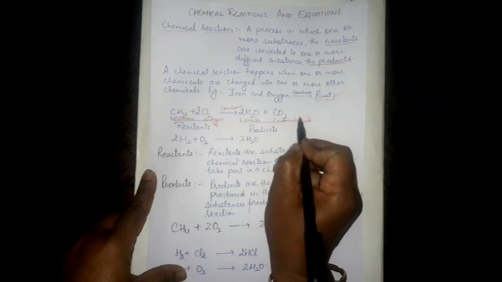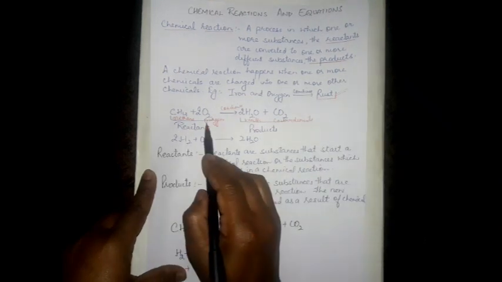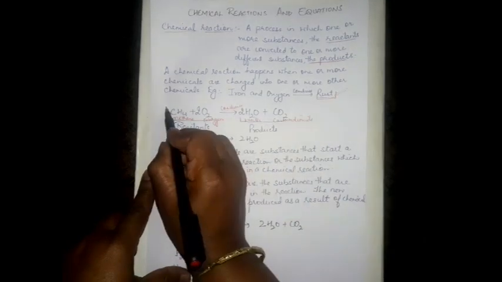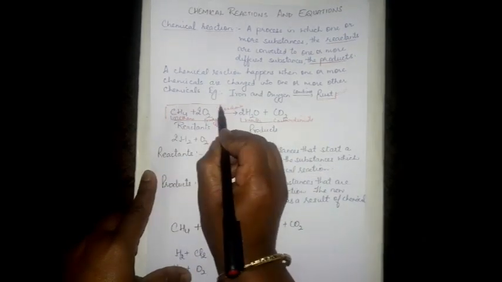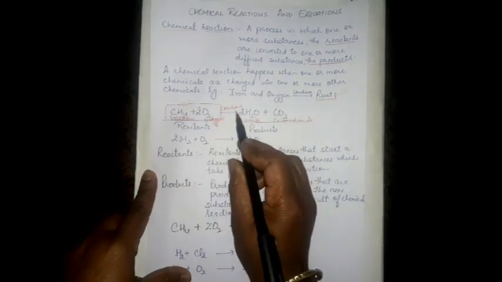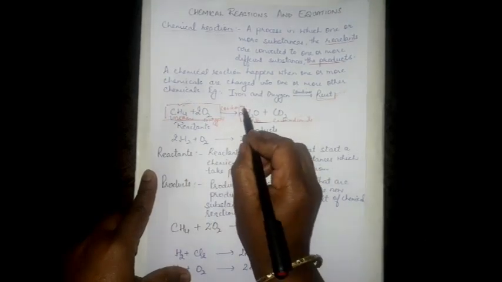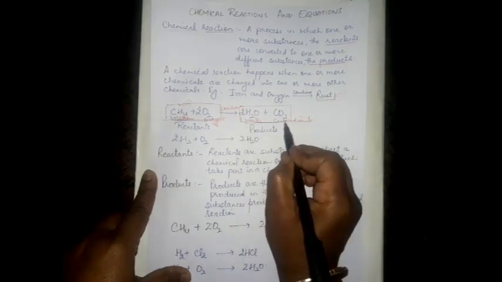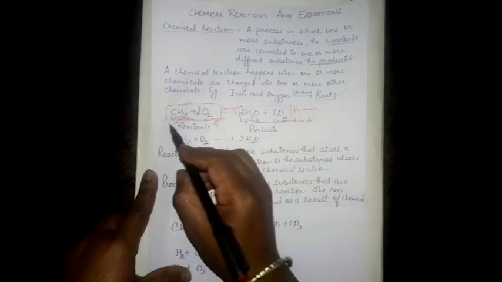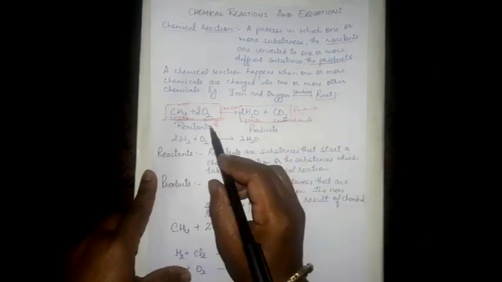The reaction is: when methane reacts with oxygen, it gives water and carbon dioxide. Here methane and oxygen are the reactants, and it forms water and carbon dioxide. These are the products. Now I have used two terms here, reactant and products.